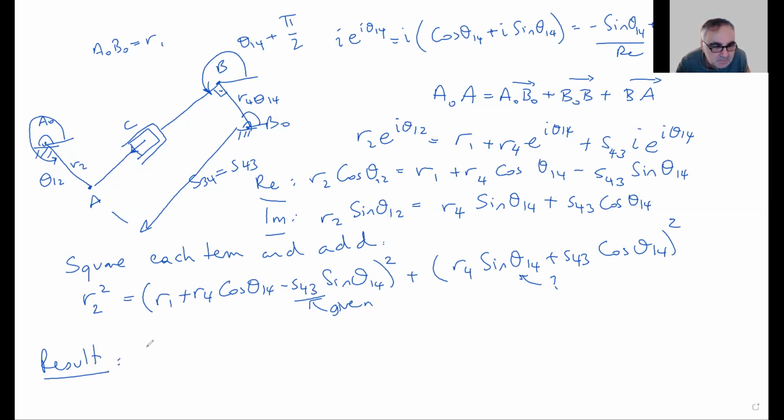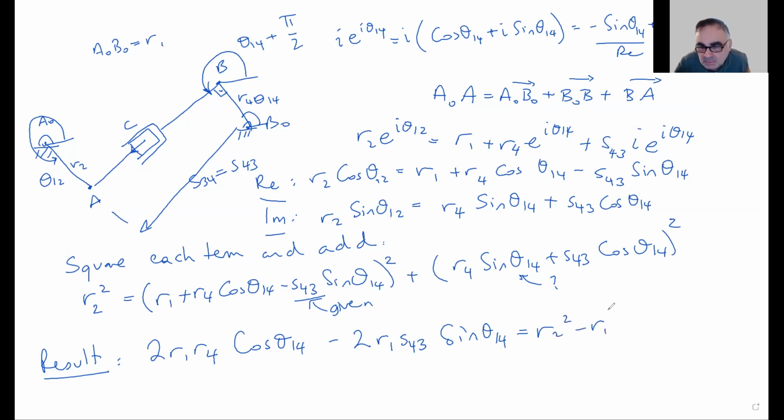Let me write this down. 2 R1 R4 cosine theta 1,4 minus 2 R1 S43 sine theta 1,4 equals R2 squared minus R1 squared minus R4 minus S43 squared. This takes some work to do, but eventually you can reach here.